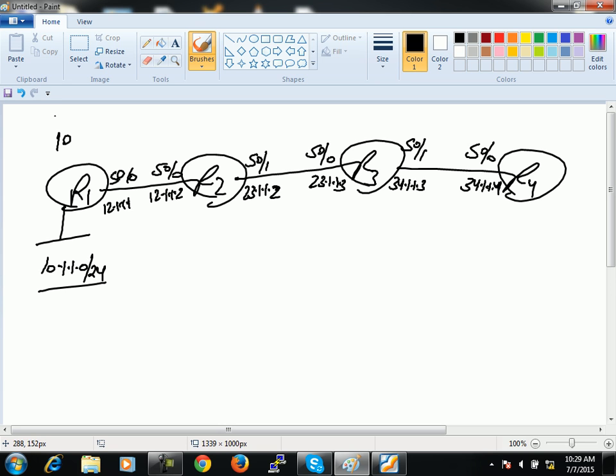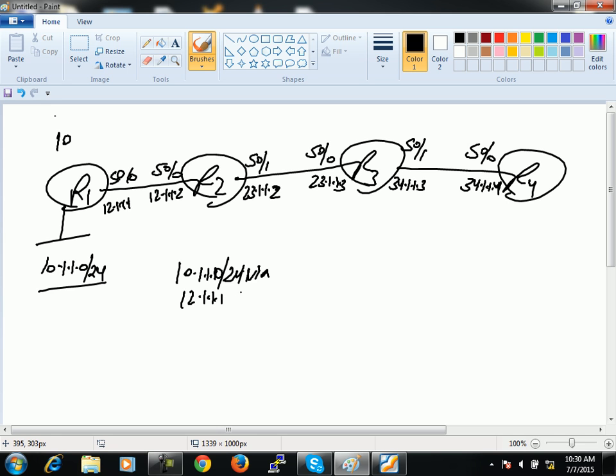Now R1 will advertise this information to R2. Try to understand, if R2 wants to reach 10.1.1.0, then the label is going to be 10. I mean R1 will inform R2. So R2 will receive 10.1.1.0/24 via 12.1.1.1, and this will be the next hop.